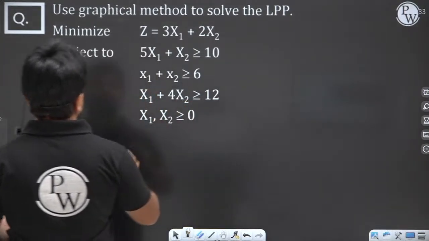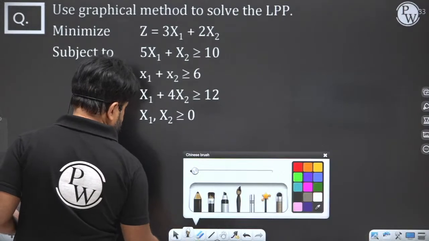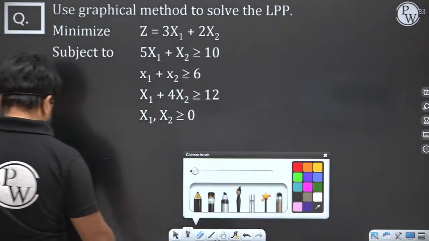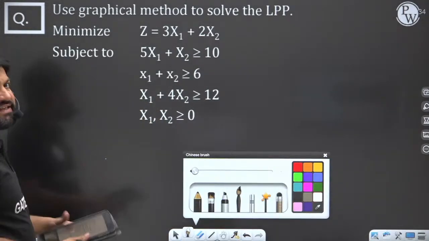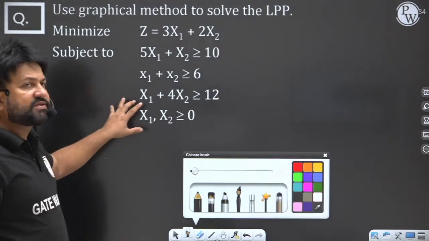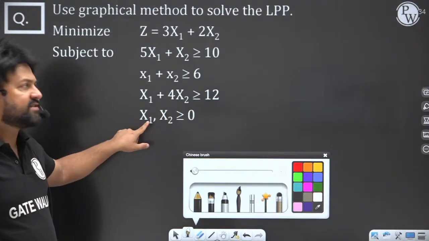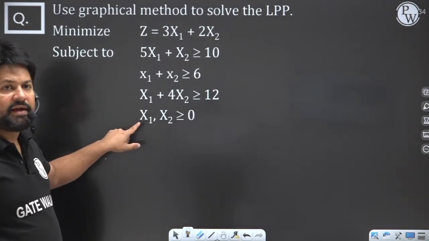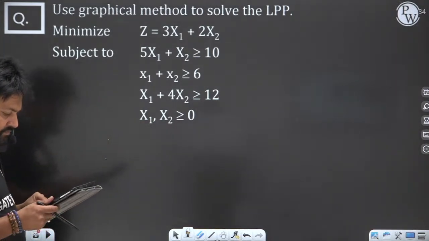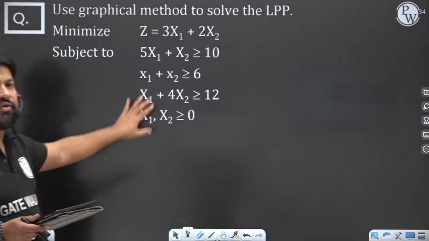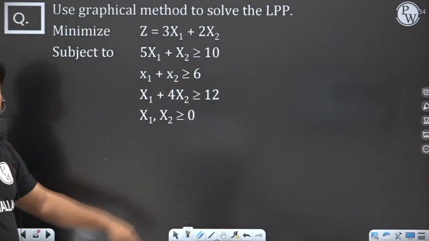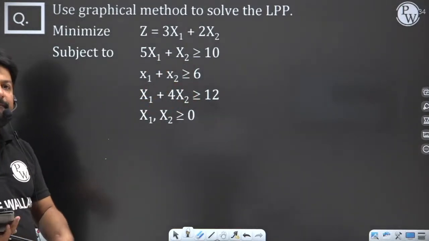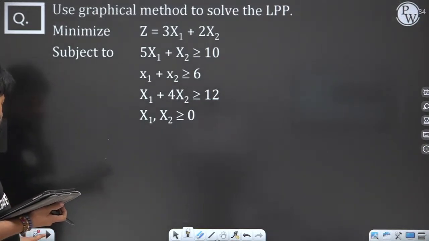Now, first of all, this is a minimization question. So I'm going to change the slide because I have to draw the graph. Have you noted this question? Okay, I'm going to change the slide.